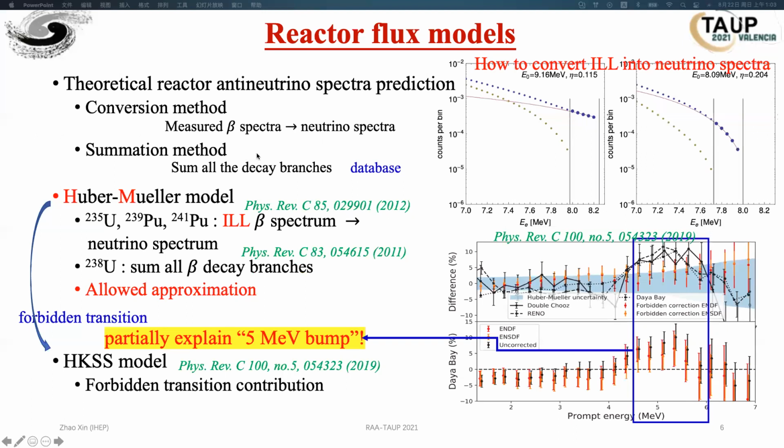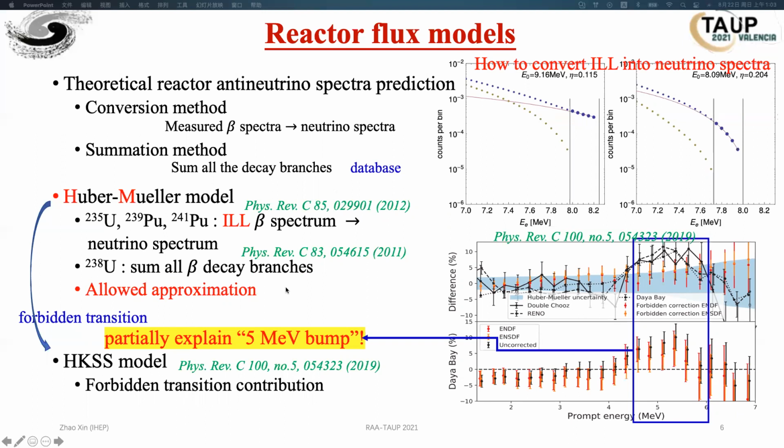It is based on database inputs to sum all the decay branches. The Huber-Mueller model might be the most famous flux model for us, which is obtained mainly based on the conversion method. In the Huber-Mueller model, they think all decay branches are allowed.